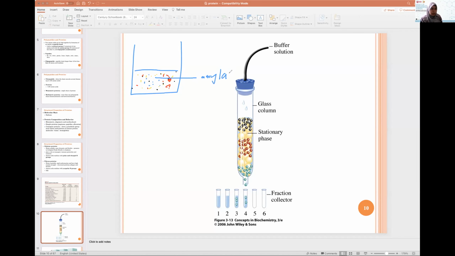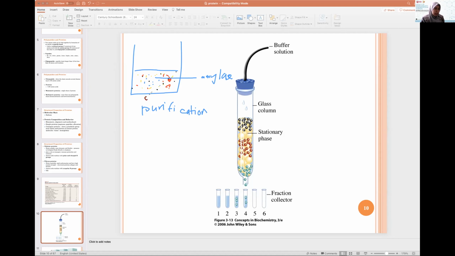So how do we make it pure? By a process called purification, a process to separate the target protein from the impurities. The impurities here we call crude.